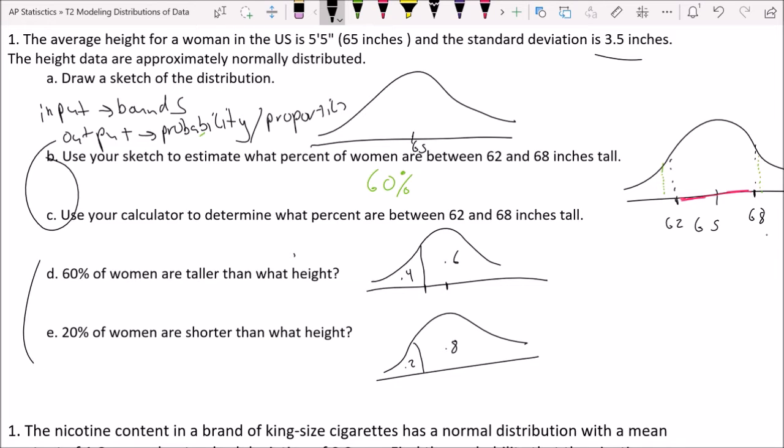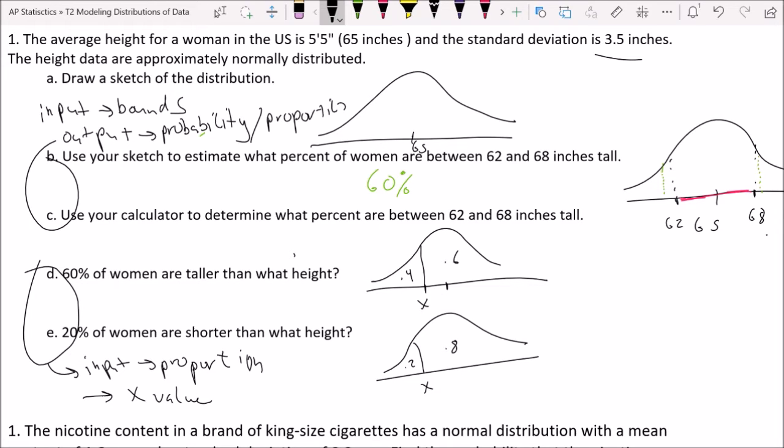But D and E are different. So we actually have a proportion because it's percentages. The input is a proportion. And the output, what we're going to be looking for, is x values. So kind of like bounds. Bounds are on that axis, but it's going to be an x value.